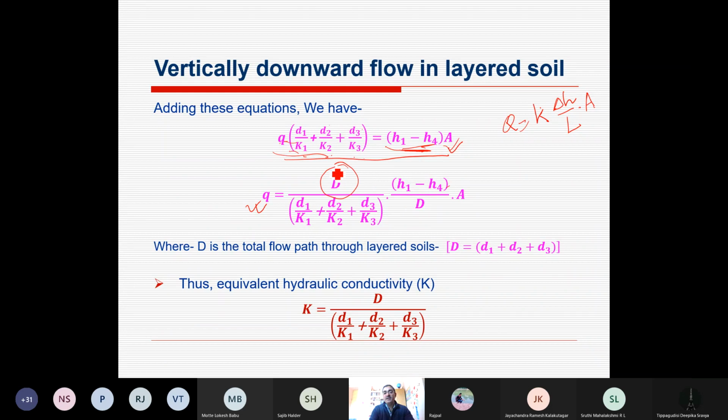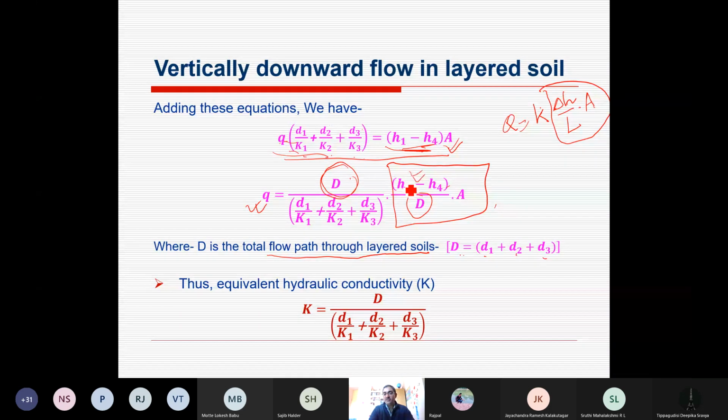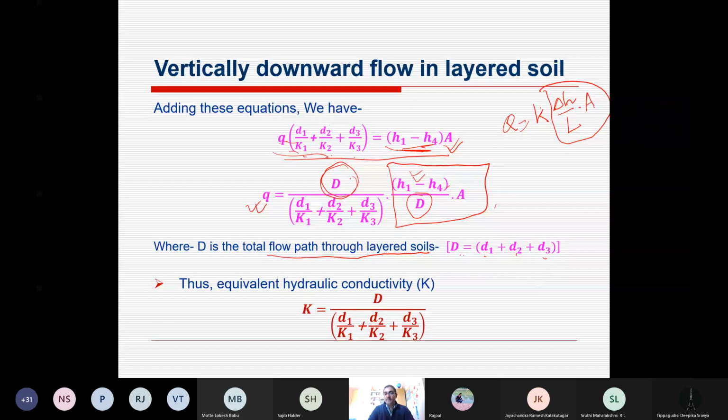We are taking a single term, D, multiplied as well as divided by D. And this D is the total flow path through the layered soil. That is, D is equal to depth D1 plus D2 plus D3. So Q is equal to, because we need to make this term delta H by L, we have delta H by delta H, H1 minus H4 in this three-layer system.